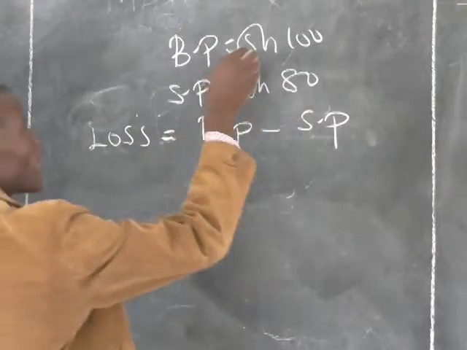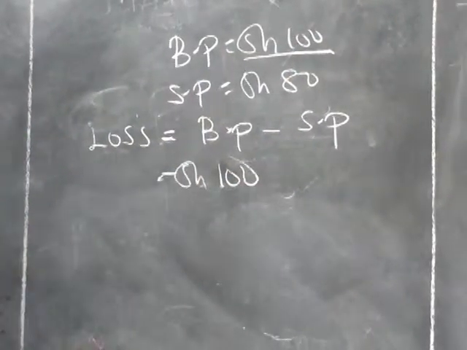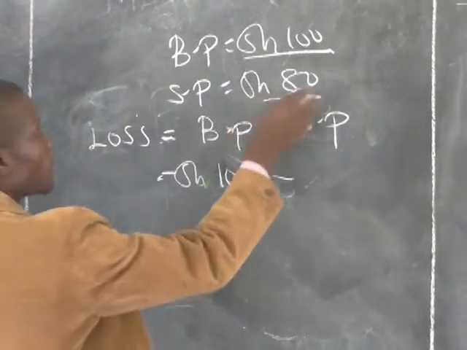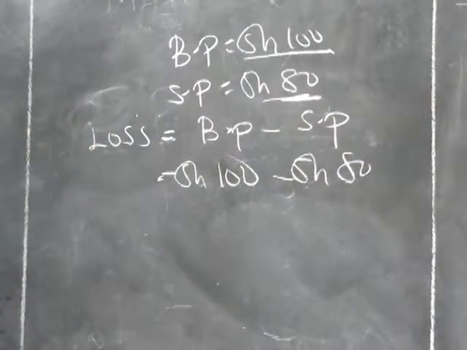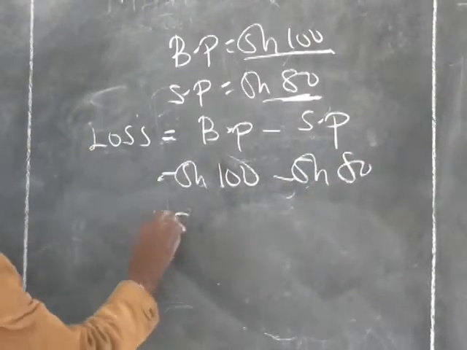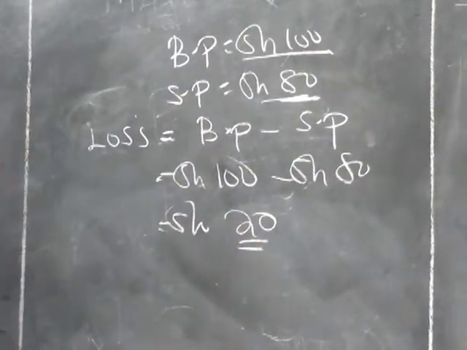So our buying price here, as you can see, was 100 shillings. So we write 100 under the buying price. Take away the selling price given as 80 shillings. Therefore, the loss made, as you can see, was only 20 shillings.